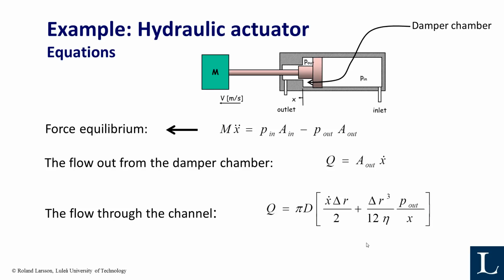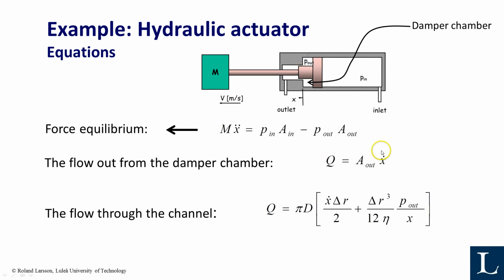into the chamber then, you can get that from thin film theory, which is another video you can watch. So actually the flow here through this gap is described by this equation. So okay, this is the damper chamber.